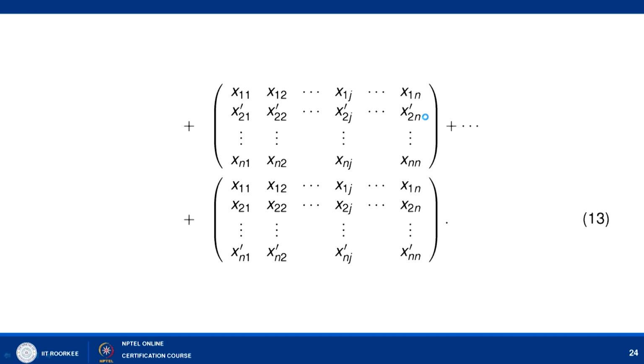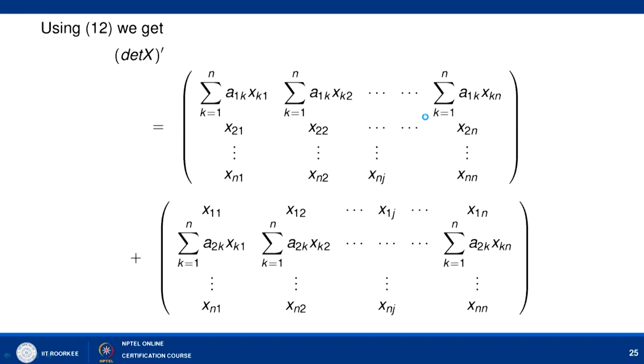So, using this for each i, we can write that x11 dash can be written as the sum over k equal to 1 to n of a1k xk1, and similarly x12 dash can be written as the sum over k equal to 1 to n of a1k xk2. You can look here, this is x11 dash and this is x12 dash, and this is x1n dash.